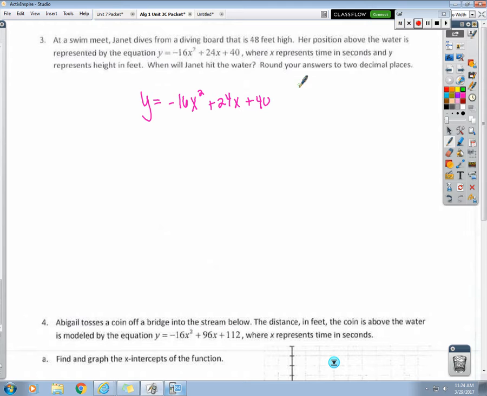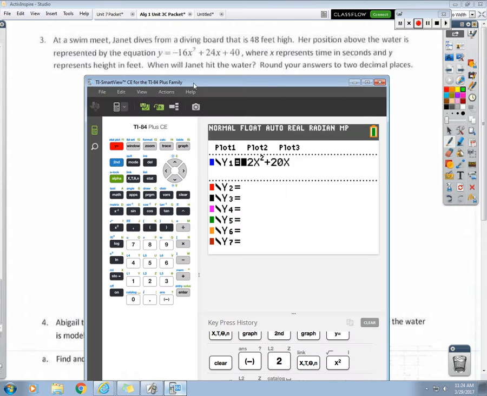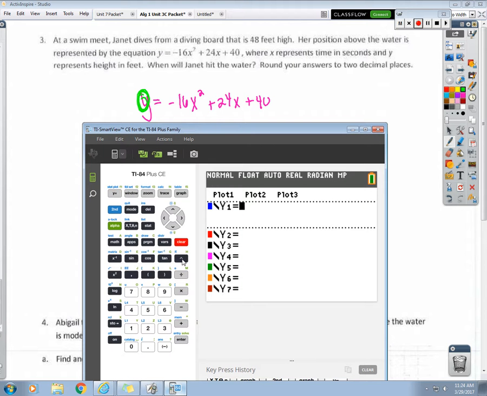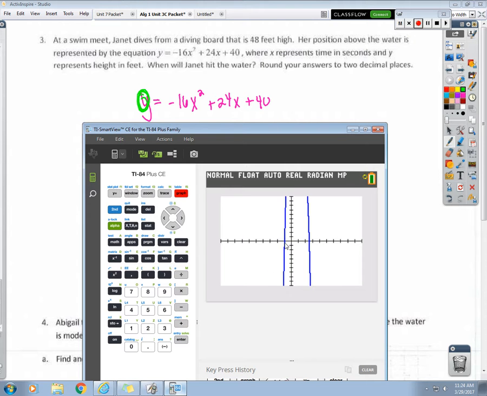So when will Janet be 0 feet from the water? So now we just graph it. Y equals negative 16x squared plus 24x plus 40. And we see an intersection with the x-axis at negative 1 and then right in between 2 and 3.